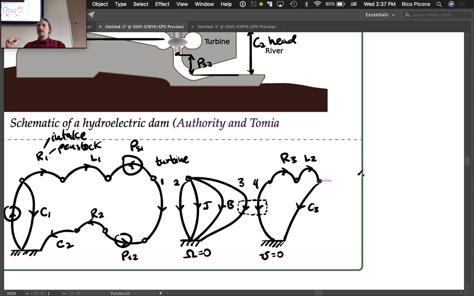Even if it's not a real battery, it'll have some sort of leakage. So we'll model that with another resistor, R4, which is hopefully a very high resistance that doesn't leak out much. Otherwise, you're just going to be generating and losing all of it. But R4 is there for some realism.